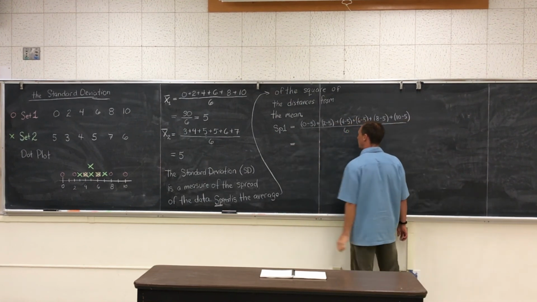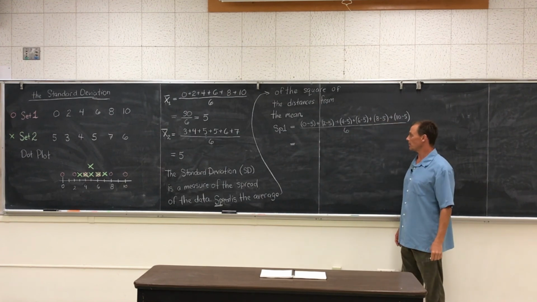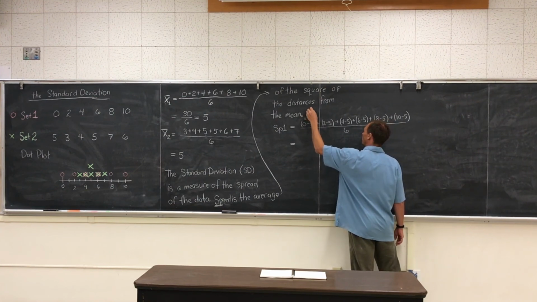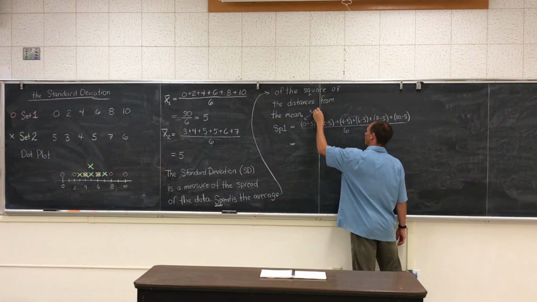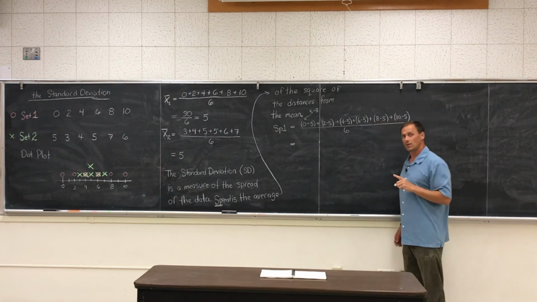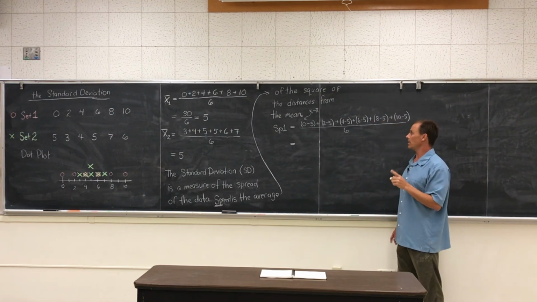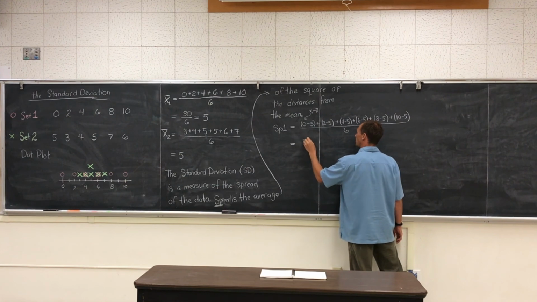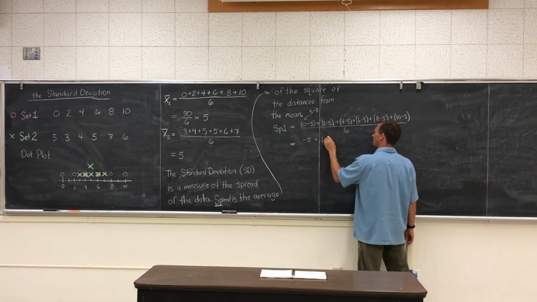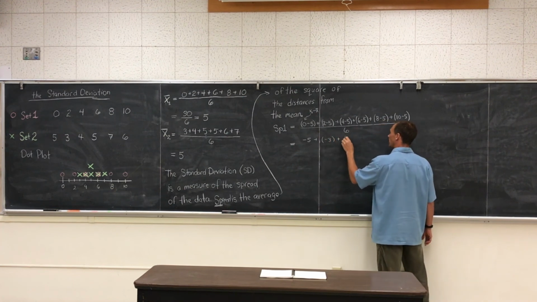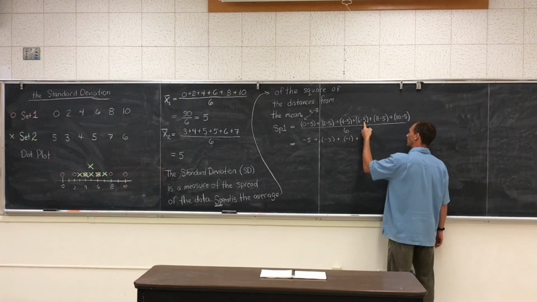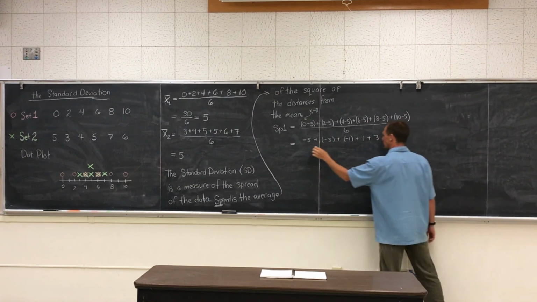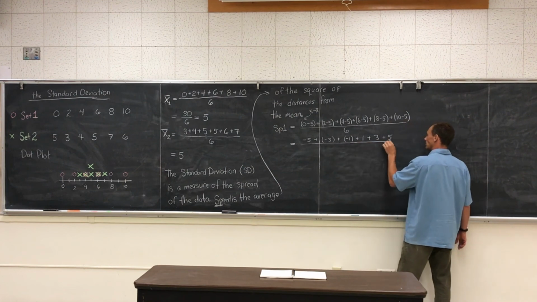Now, I want to be very careful here because there's a point to be made. Notice that when I took each one of these, I took the data value x, like here's x1, and I subtracted the mean. And I was very careful to do that every single time in that order. The data value minus the mean. So what does that mean? Well, this is minus 5 plus minus 3 plus minus 1 plus, here we have a 1 plus a 3 plus a 5, divided by 6.